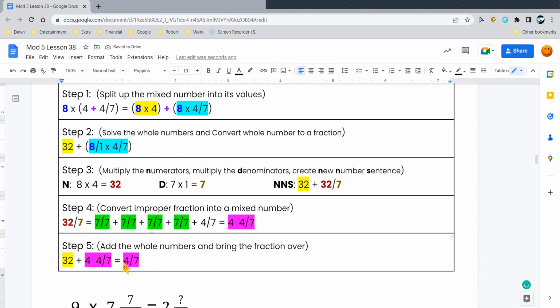I'm done. I don't need to use my fraction anymore. I get to add the 32 and the 4, which gives me 36. And that is my answer.